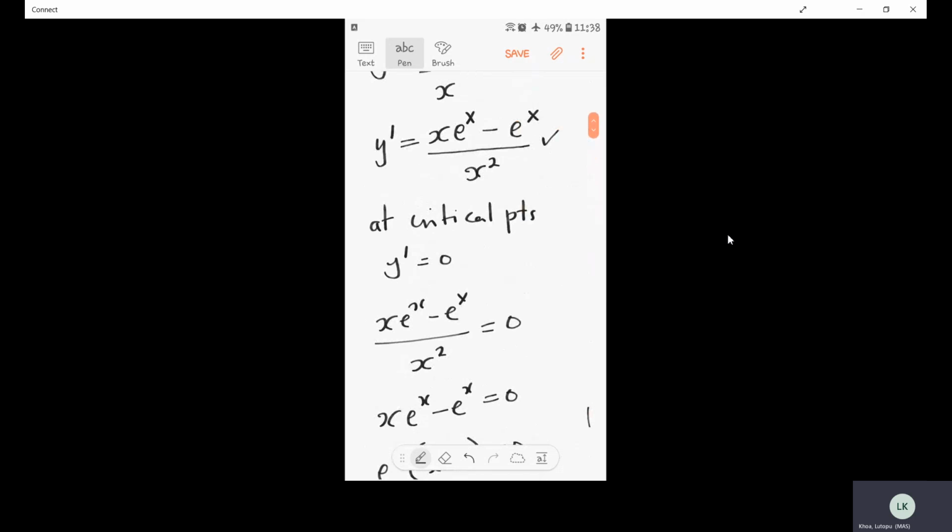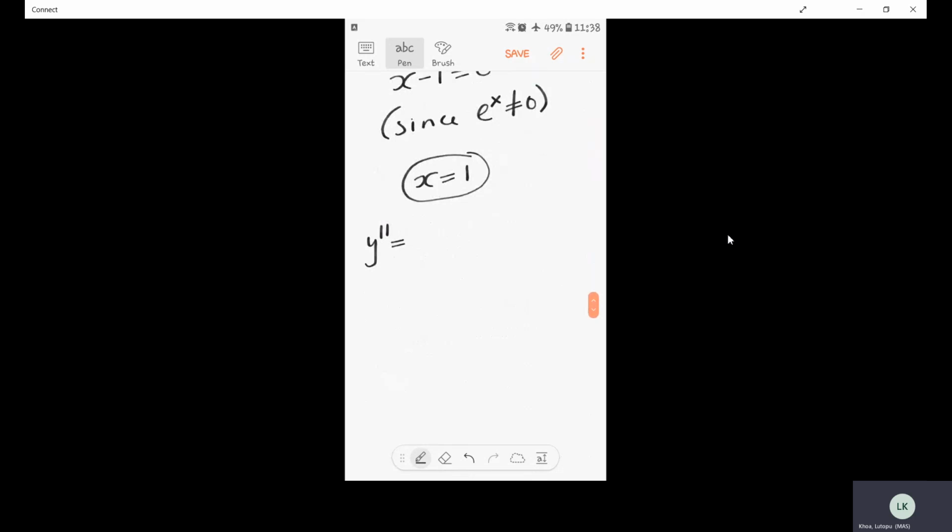And again, I will use the quotient rule. So it is the denominator as it is, and then the derivative of the numerator, which is x e to the power of x plus e to the power of x, then minus e to the power of x, and then the derivative of the denominator, which is 2x, and then the numerator as it is.